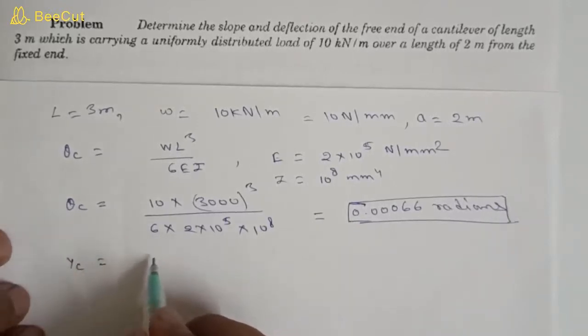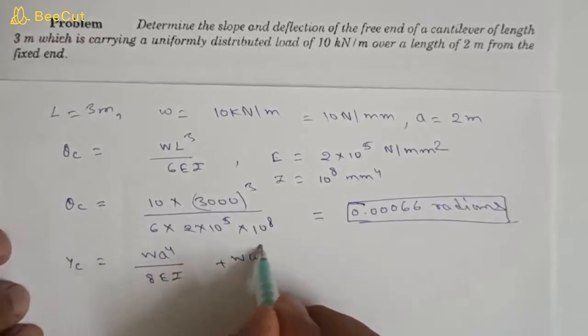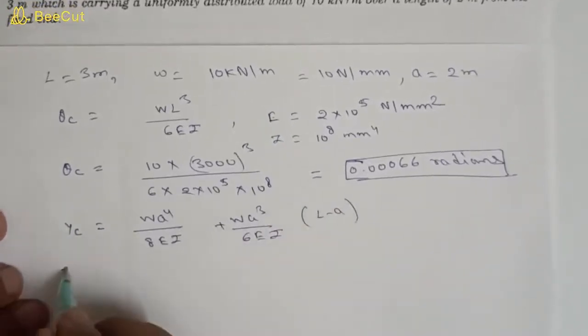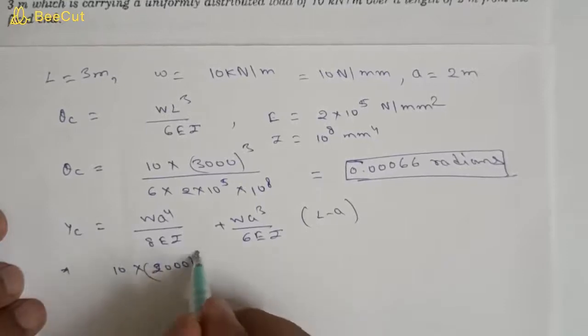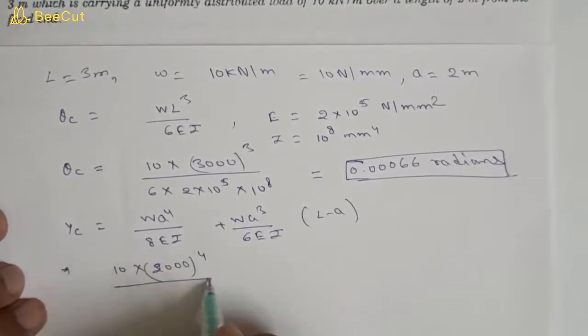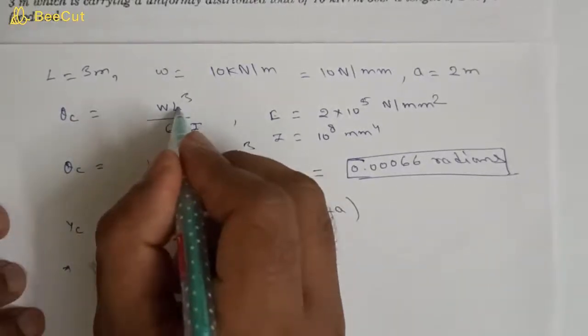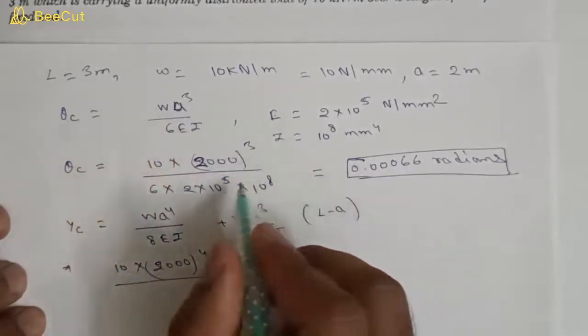And the deflection YC we have calculated. YC is equal to WA to the power 4 divided by 8 EI plus WA cube by 6 EI into L minus A. So we will put these values in here. W is 10, A is 2000, to the power 4. Sorry, here it was WA cube upon 6 EI, so it would have been 2000 cube upon 6 EI.